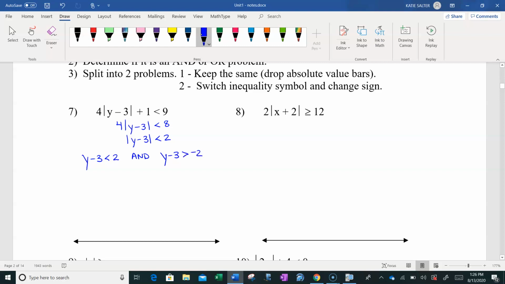Unlike equations, where you only negate the sign, with inequalities you have to switch the symbol and negate the number. Then solve. So we're going to add 3 to each side, so y is less than 5. And then we're going to add 3 to each side, so y is greater than 1.